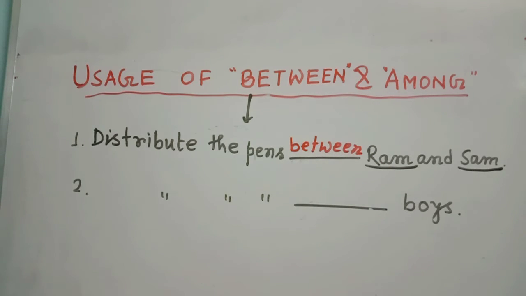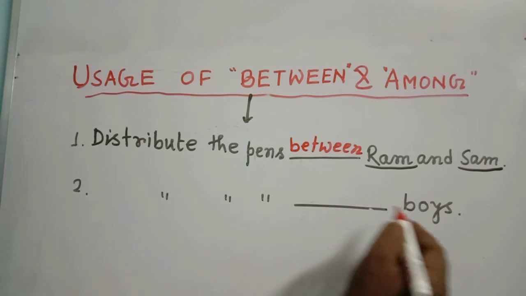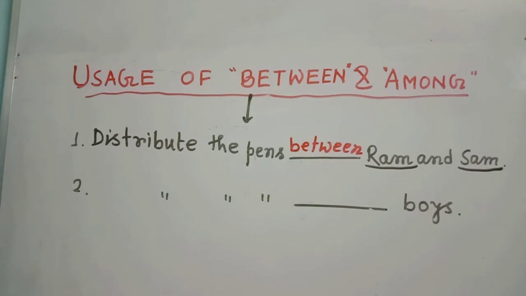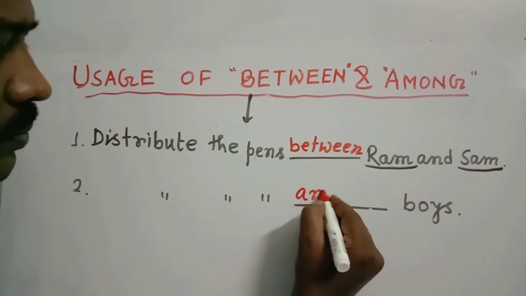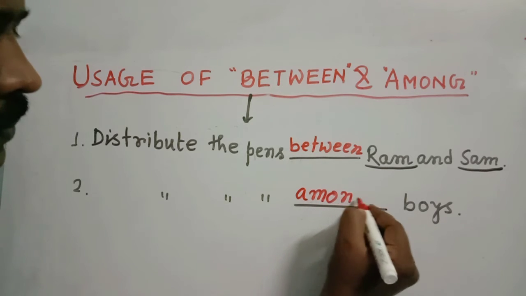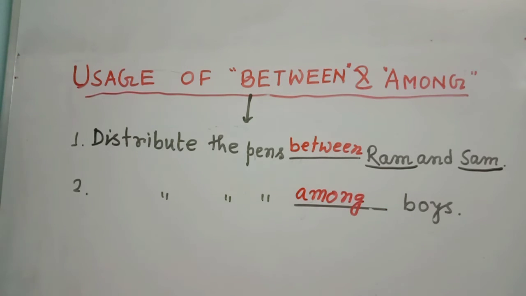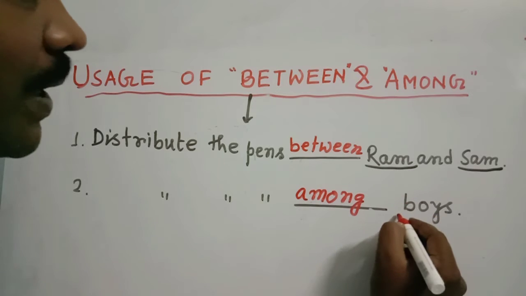There is no such problem. In the second sentence, distribute the pains dash boys. Here, obviously, more than two, so it will be among. It should be among the boys.